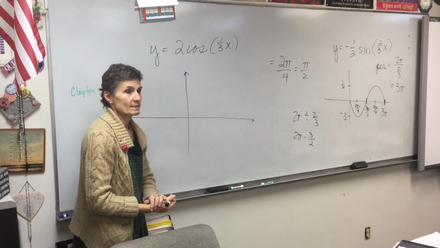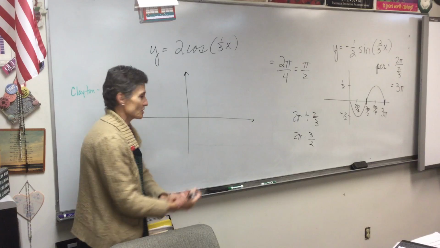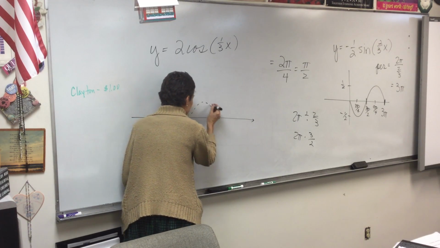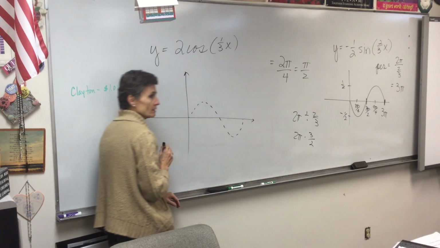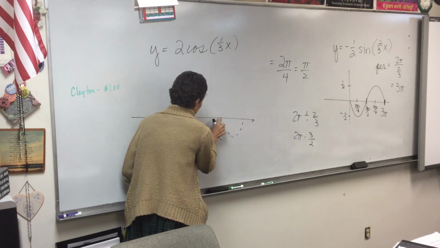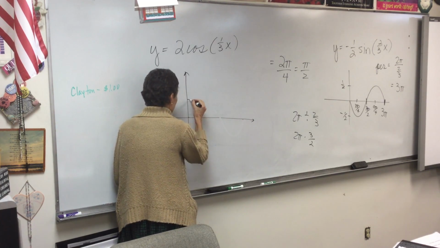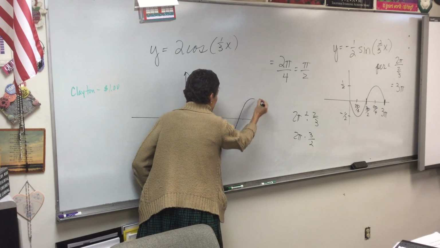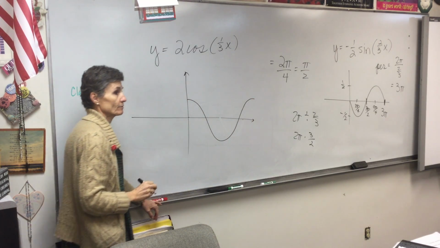The only difference is the picture you draw. So instead of drawing this, which would be our sine curve, we're going to draw this, which is our cosine curve.